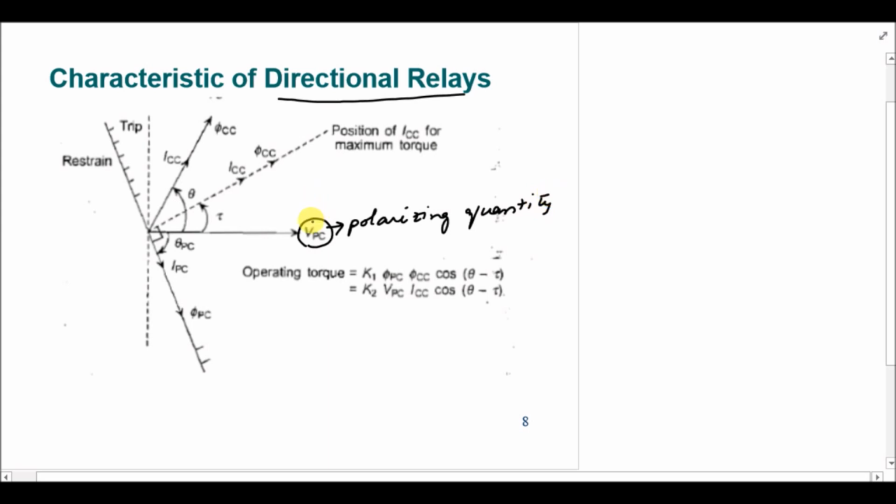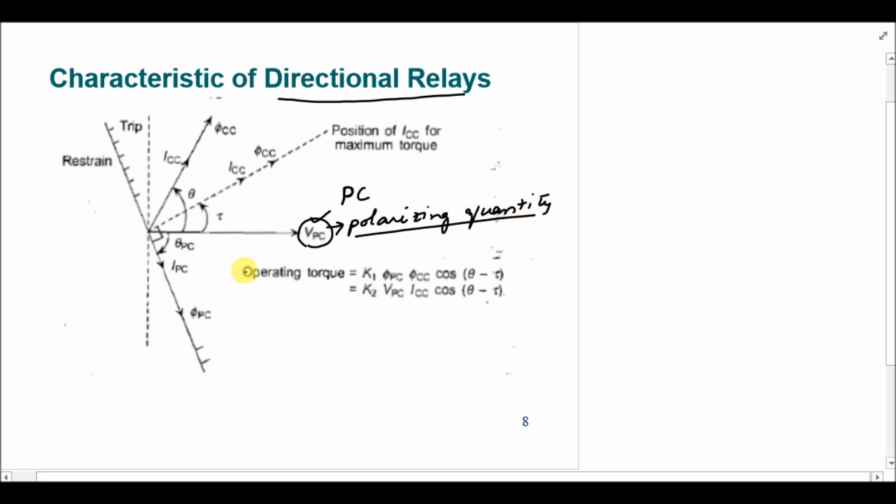This VPC is applied across the potential coil, and the current that is passing through the coil will have an angle closer to 90 degrees. Therefore the current IPC is lagging the VPC, which is the polarizing voltage.